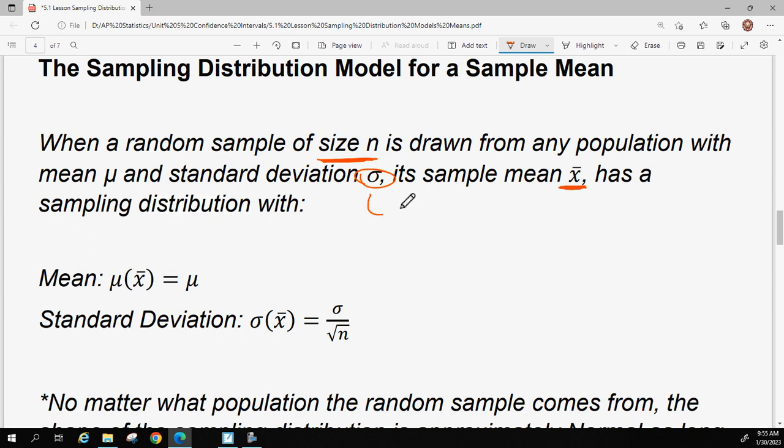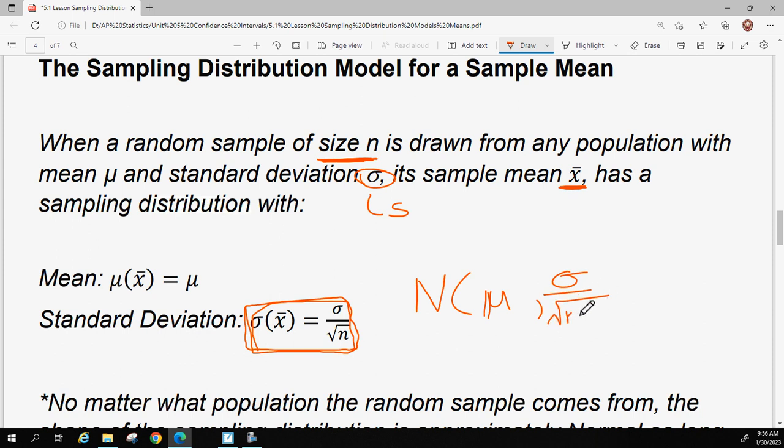For a sample, we would call it S. But in this case, we're going to need a standard deviation of sample means, and so we have this special way to calculate the standard deviation for our sampling distribution for means. And so in notation, we have an approximately normal distribution with a mean and standard deviation.